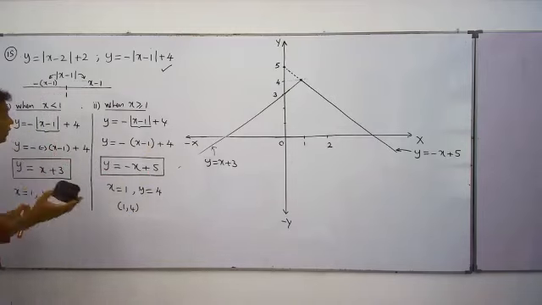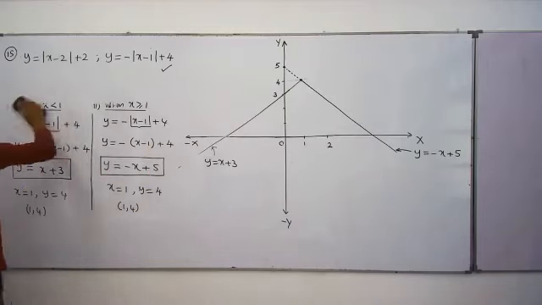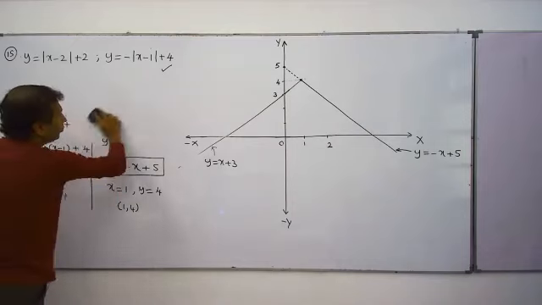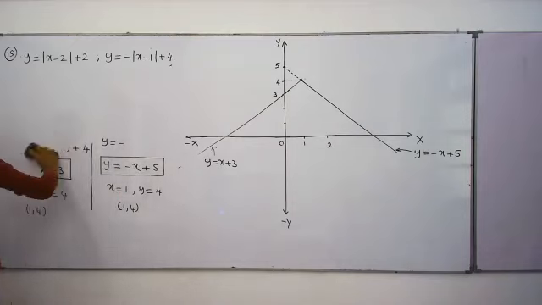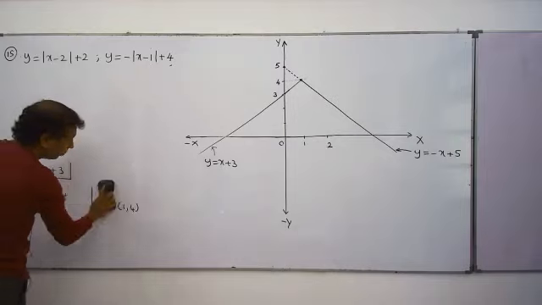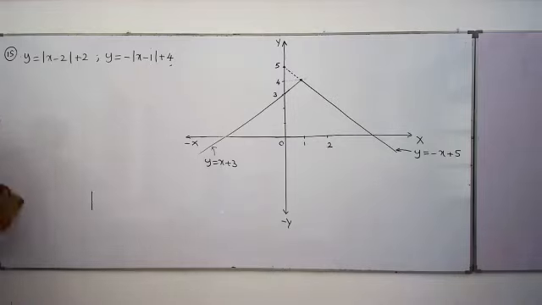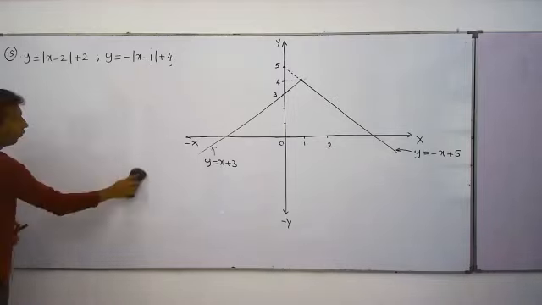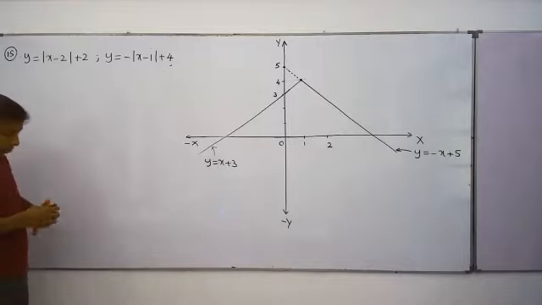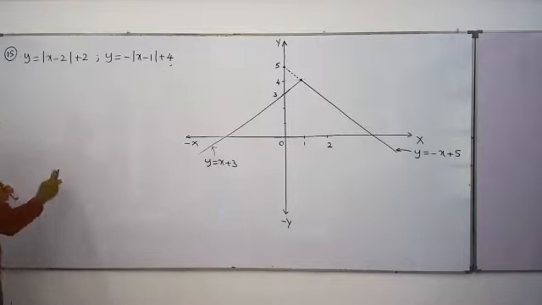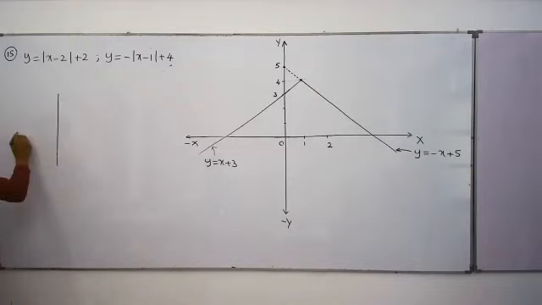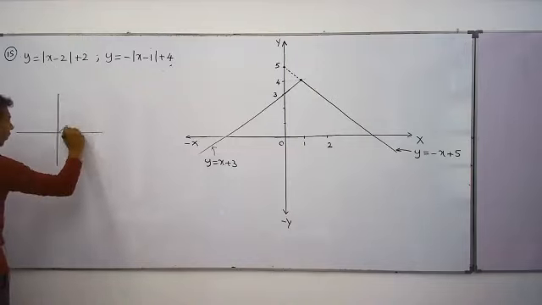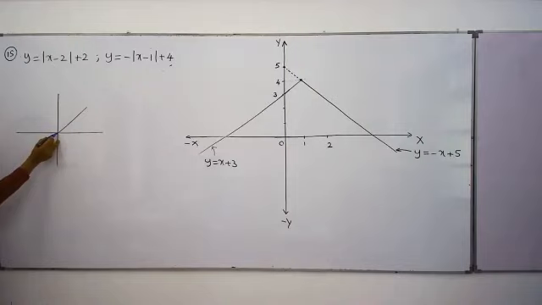Right. I erase this. The mod x graph, when I consider it, people, y equals mod x is a V-shaped graph like this.